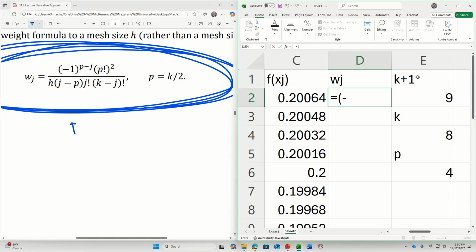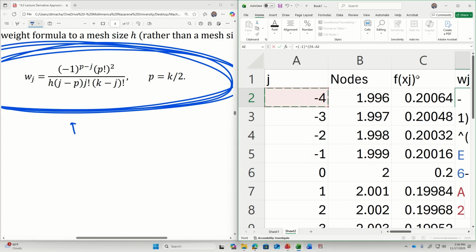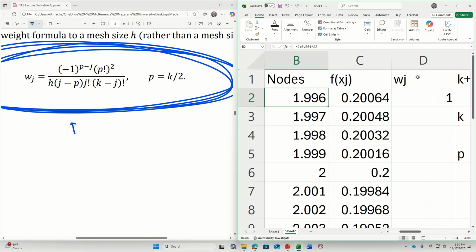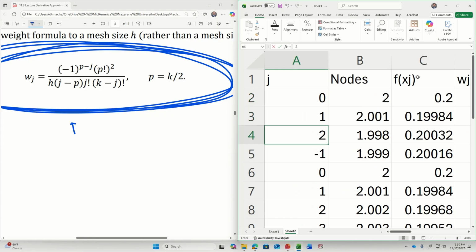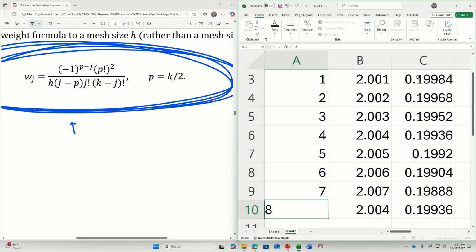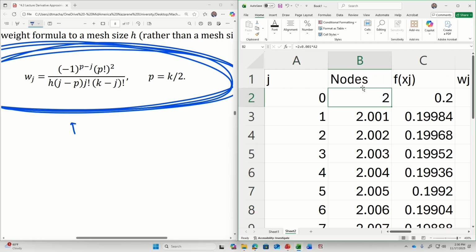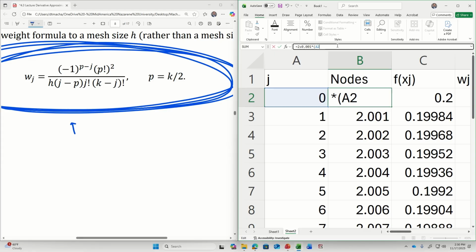So I need -1 raised to the power p minus j, but I did my j's wrong. That's not the same j as before. Sorry. What I really need is j 1, 2, 3, 4, 5, 6, 7, 8. And then these nodes would then be that times j minus p.